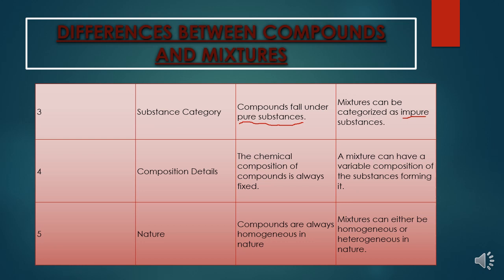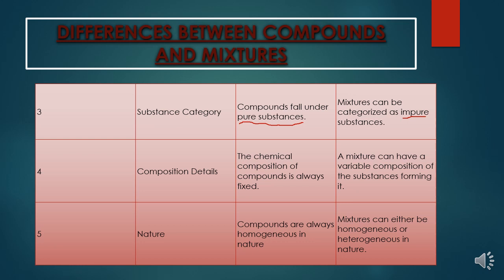The other difference is in terms of their composition details. A compound has a fixed composition. They are composed of atoms that have a fixed amount or a fixed percentage.